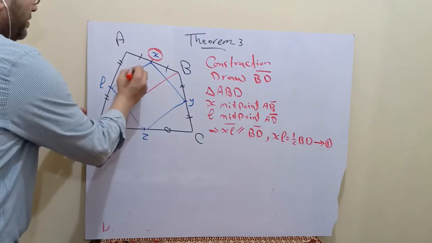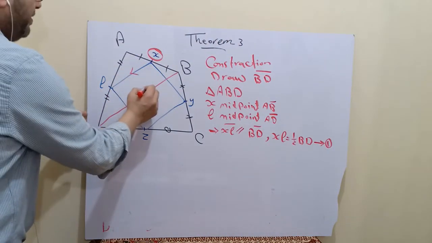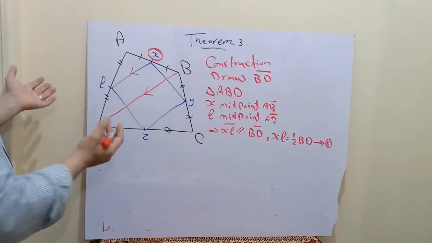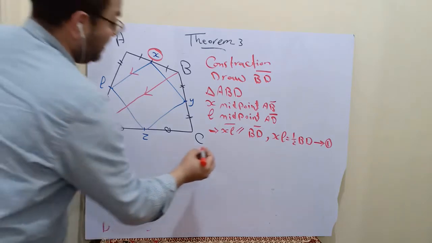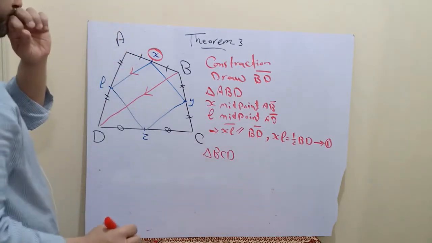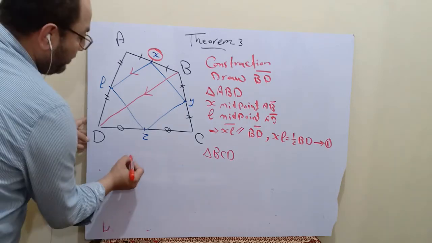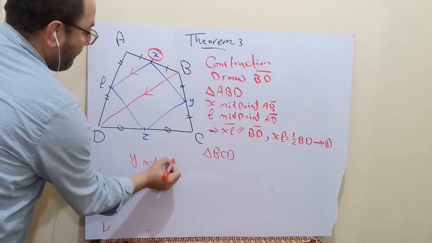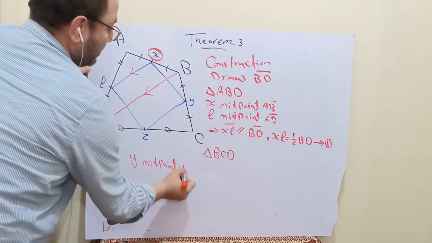Now, XL parallel to BD and equal half length. Look at the triangle BCD. Y midpoint of BC.